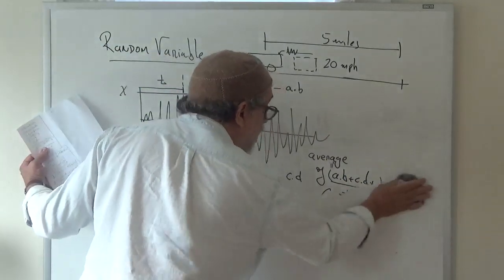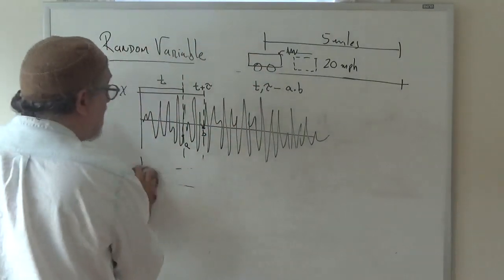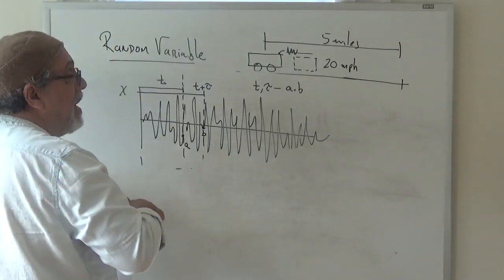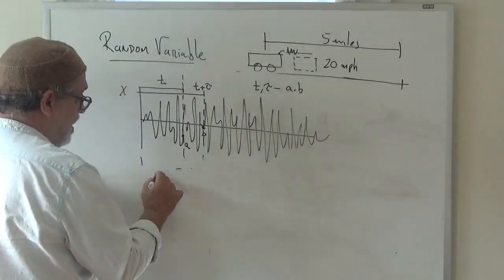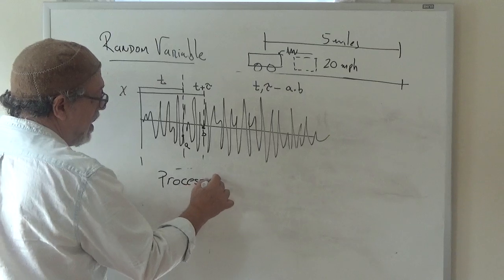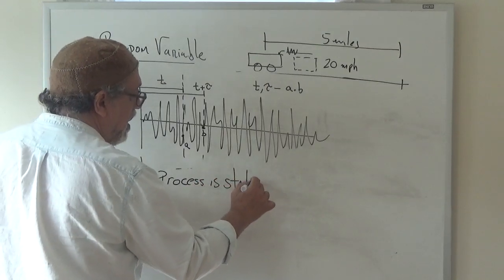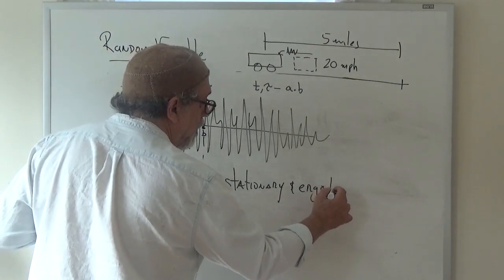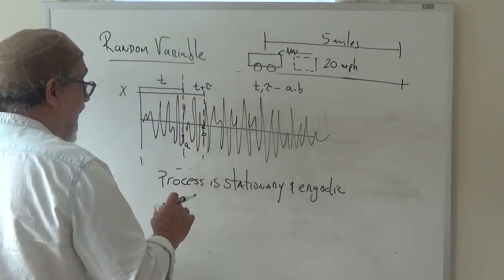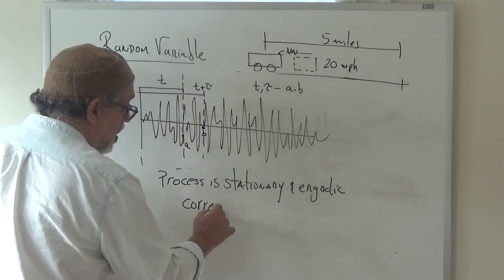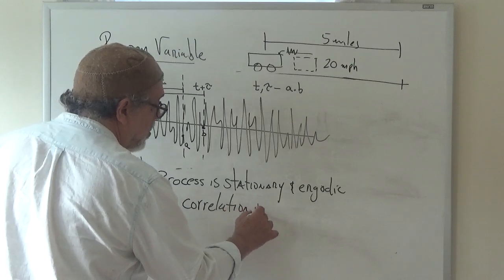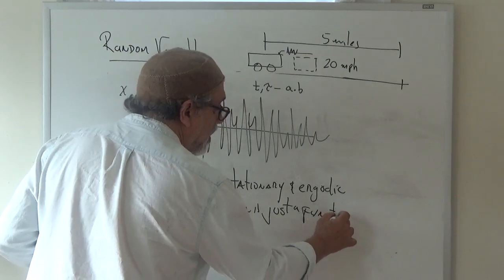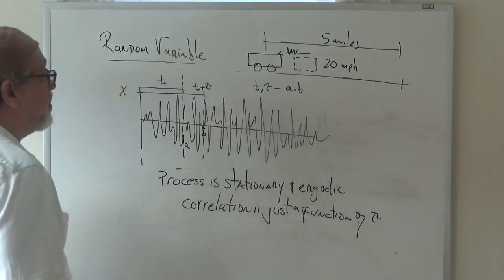So when we have an ergodic process, which is what we normally assume, if the process is stationary and ergodic, which are our typical assumptions, then correlation is just a function of tau, not of t, right?